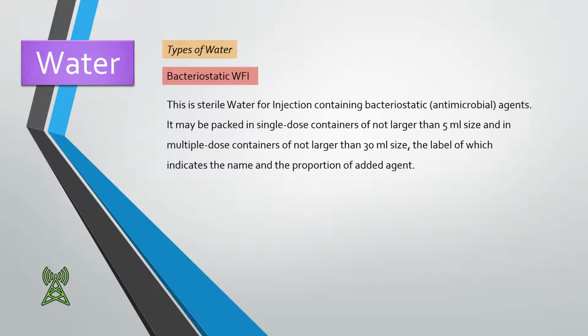It has to be sterile, but it contains bacteriostatic agents, and it is packed in single dose containers which should be not bigger than 5 ml, and multi-dose containers which will contain not more than 30 ml, and it is properly labeled indicating which kind of product it is.